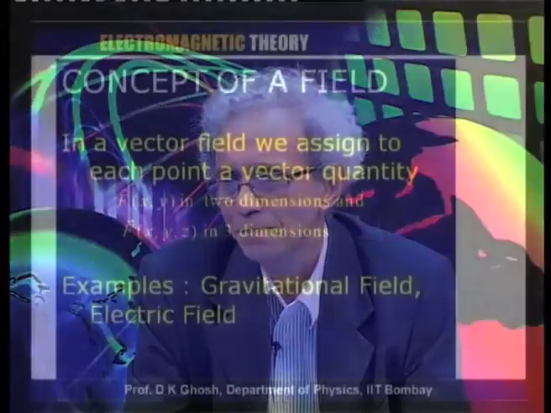So, therefore, if I am talking about associating a force with every point in a particular region of space, I am in what is known as a force field, which is a vector field.